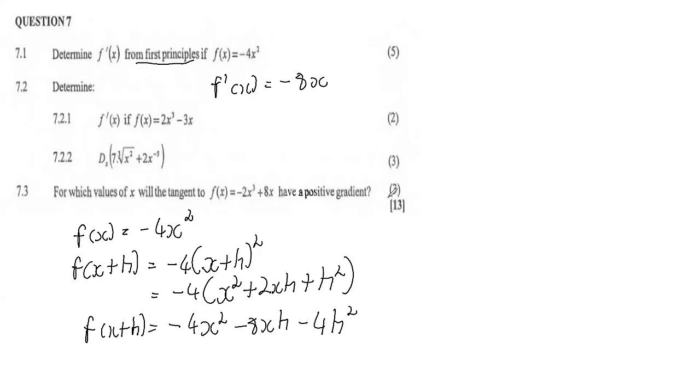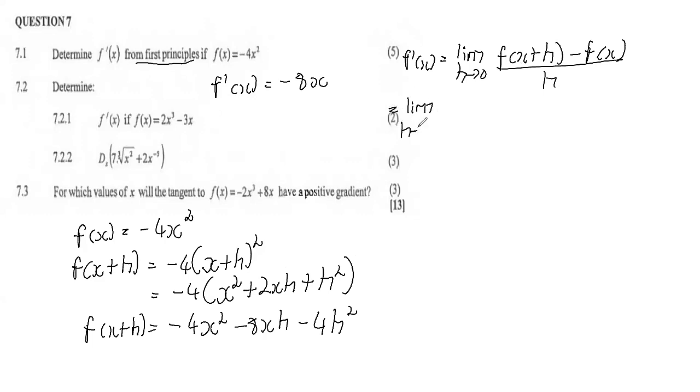for f of x plus h. Now you can start with your first principle and say f prime x is equal to the limit as h approaches 0 of f of x plus h minus f of x, over h, right? So now you have the equation, and all you do is take the expressions and substitute them there. This makes your work neat.